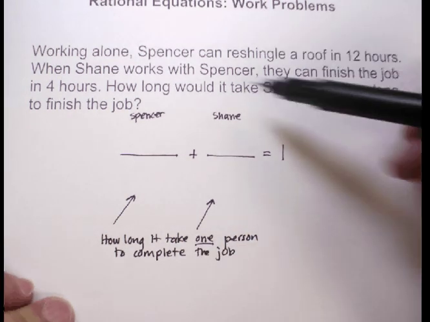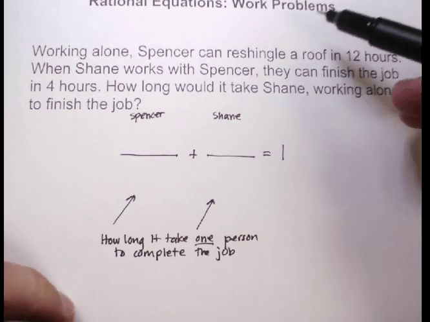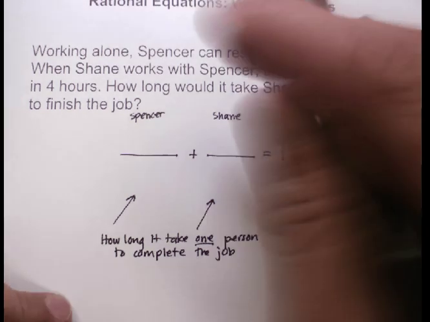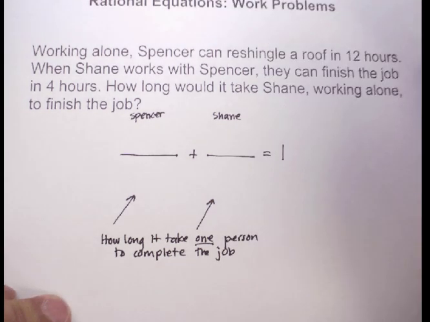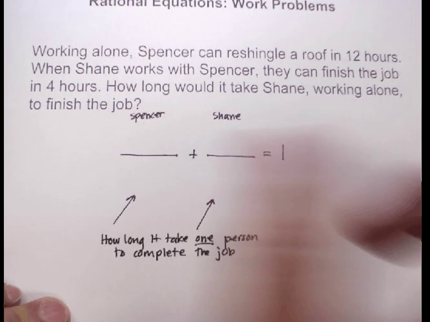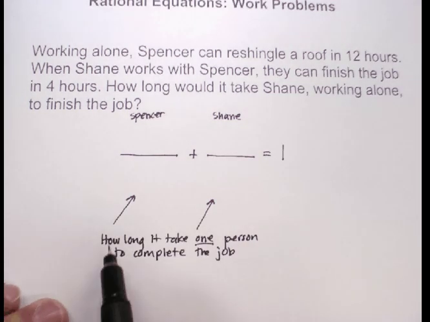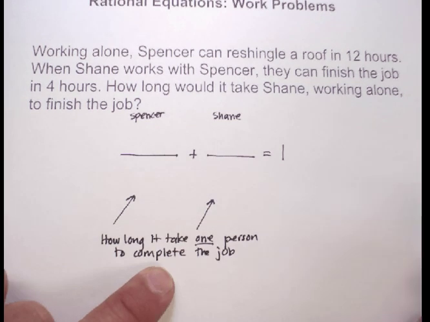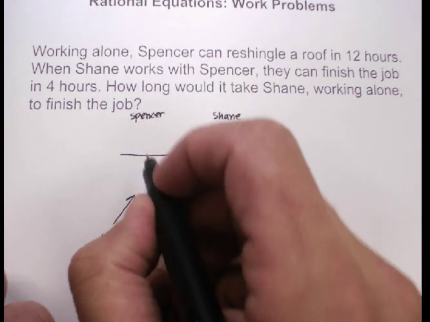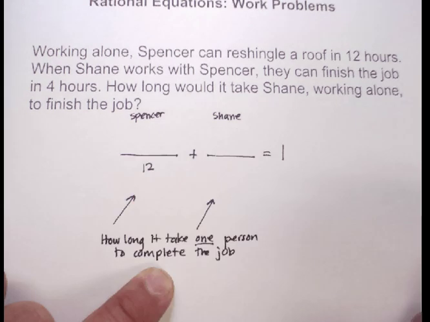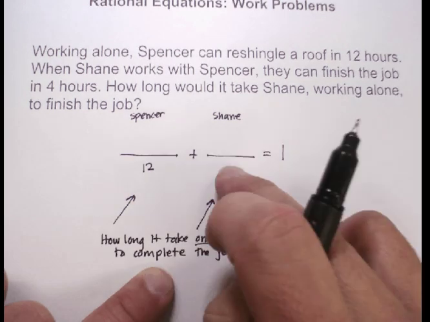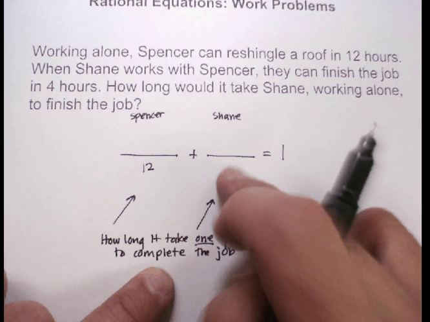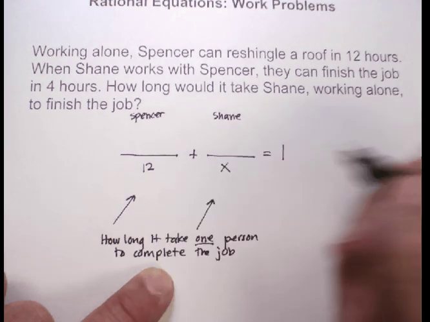This could be 2 machines working on a printing thing. It could be 2 computers working on a problem. It can be just any 2 things, right? So basically, how long does it take one entity to finish the job? Now we know a little bit about that. We know that Spencer can do it in 12 hours, so let's put 12 there. We don't know how long it takes Shane to do it by himself, so we're going to make that my unknown. That's my x.